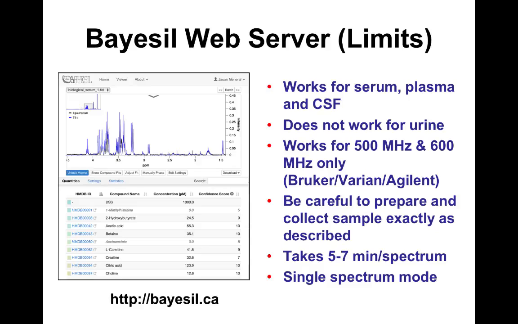So, as with anything in chemistry, read the instructions, follow them carefully, collect your spectra as directed, and then things will generally work. The web server can do things in a single spectrum mode. You will be using one that's designed for batch uploads. Now, Mark and Manoj have been working on rewriting Bayesil, and a new version will be coming out later this summer called MagMet, M-A-G-M-E-T.